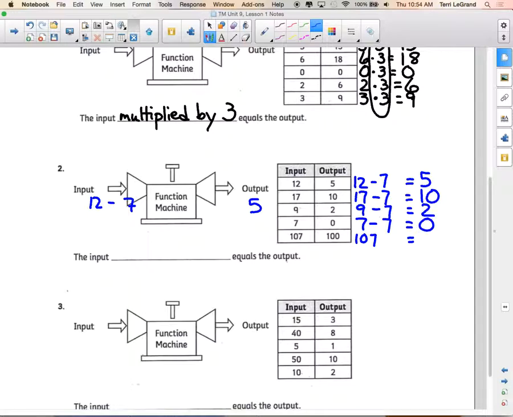And 107 subtract 7, what's that? 100. Do all of our outputs match what we have in the table? Yeah. They do, don't they? So we are going to be able to say that the input, what? Minus 7 equals the output.